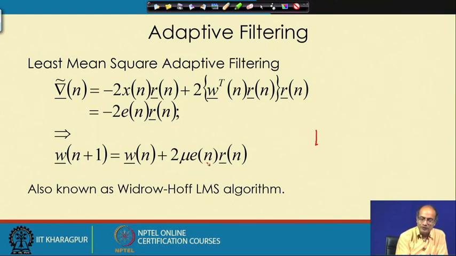2 mu into E n is one, and then, rather we can say that m multiplications, because R n is an m dimensional vector, and then what we need is m additions, because each of the components of that tap weight needs to be modified.